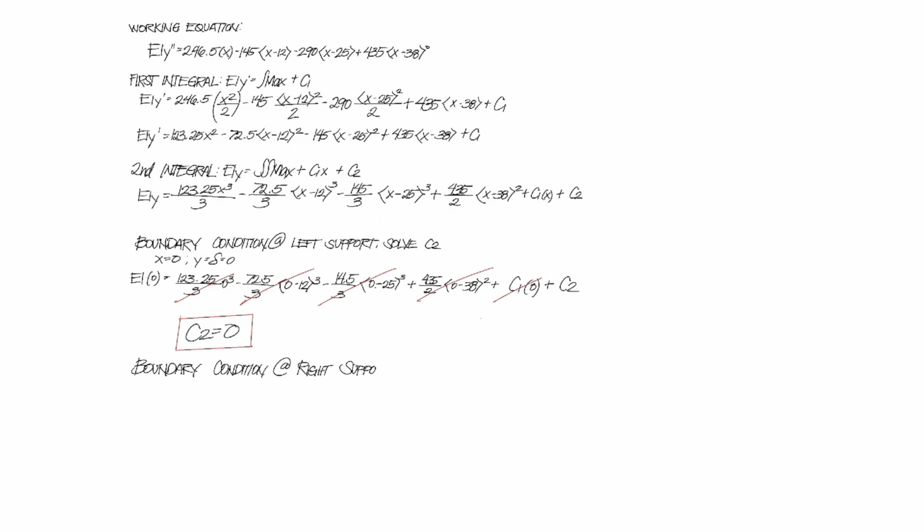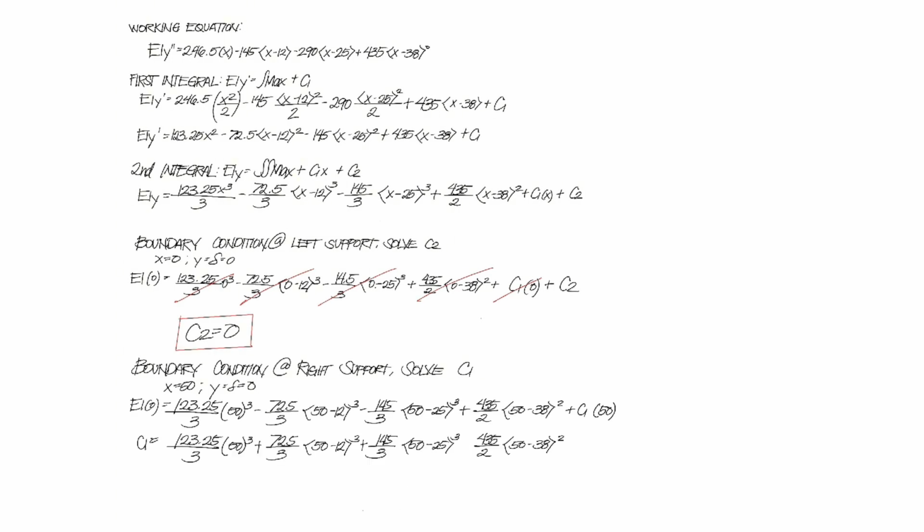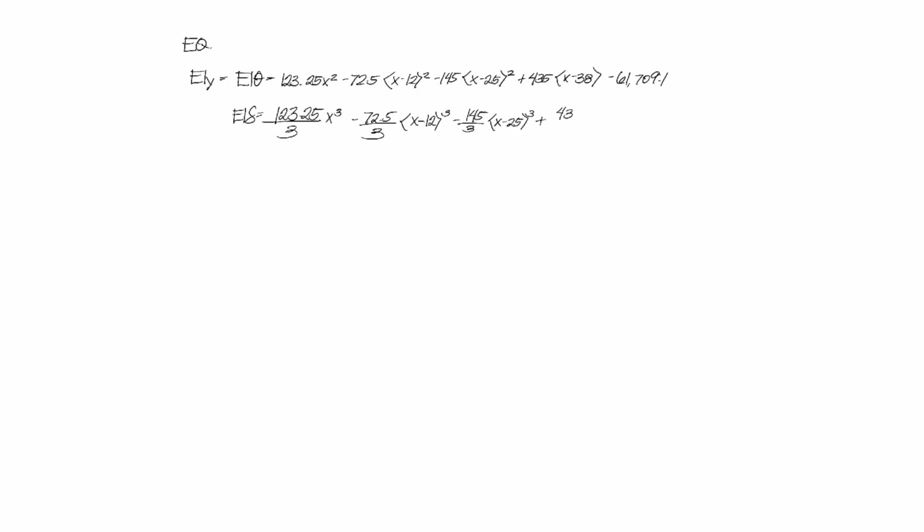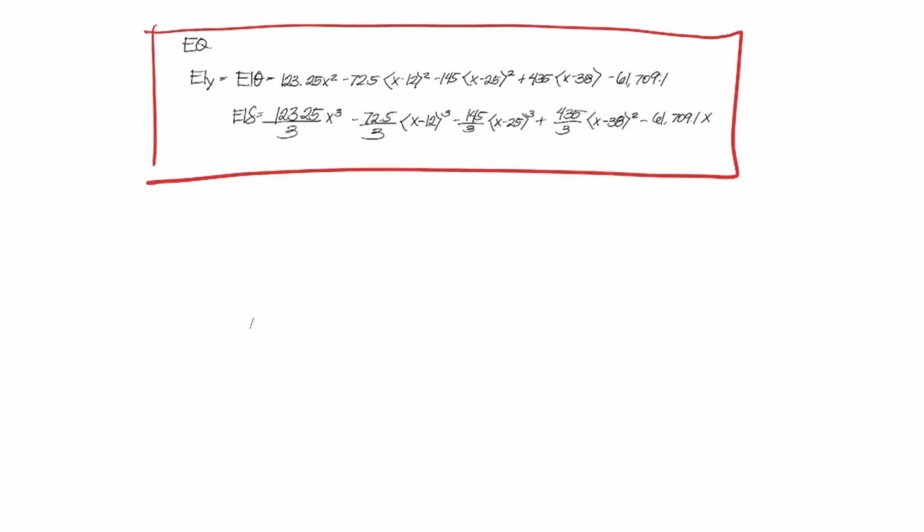Moving on, in getting the boundary condition at the right support, x would be 50 since the length of the beam is equal to 50. We'll substitute x to 50, and solving it we would get the answer of negative 61,709.1. We'll now substitute C1 in the first integral to get the slope and the second integral to get the deflection. It's that easy.